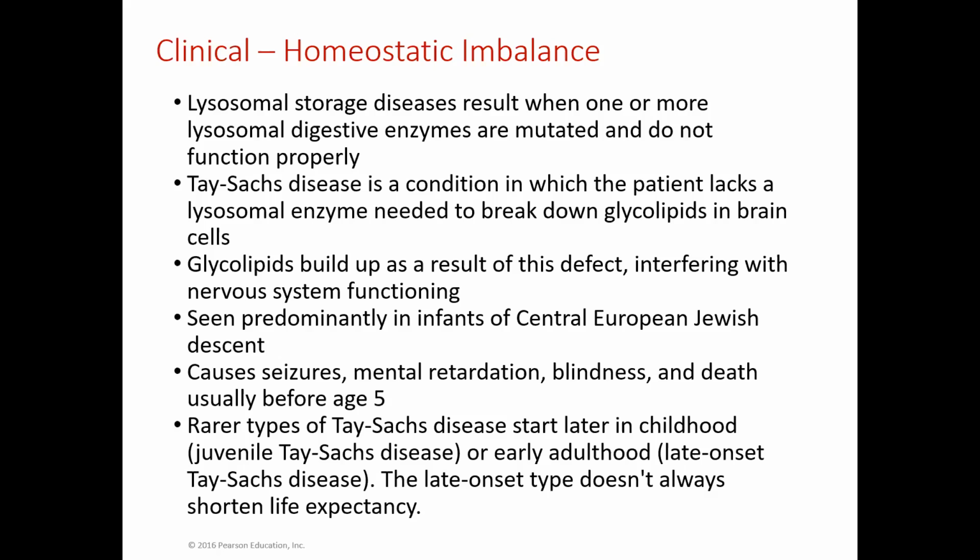So Tay-Sachs is a homozygous recessive trait, meaning that you have to have two recessive genes to have the condition, meaning it's an inherited disorder. The mother and the father will each contribute the recessive gene to their offspring, and if the child receives the recessive genes, they'll have this condition.